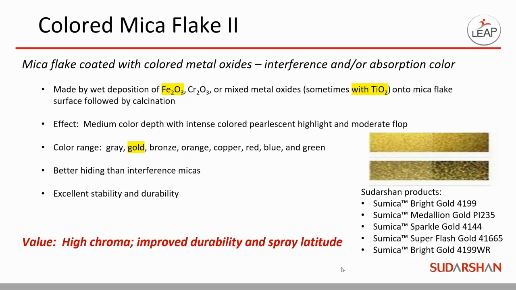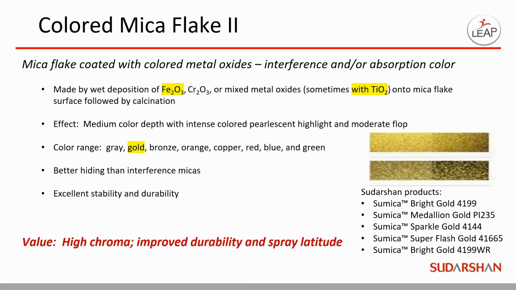Moving to a more opaque version is where we get into the golds. Here we have a combination of TiO2 and iron oxide on the mica flake, which gives that very soft, warm gold color. And depending on what kind of color space you're looking for, we can alter those thicknesses to be able to move the color from green shade to red shade.